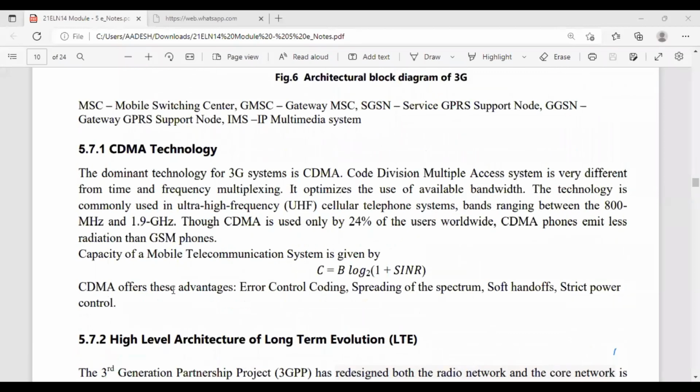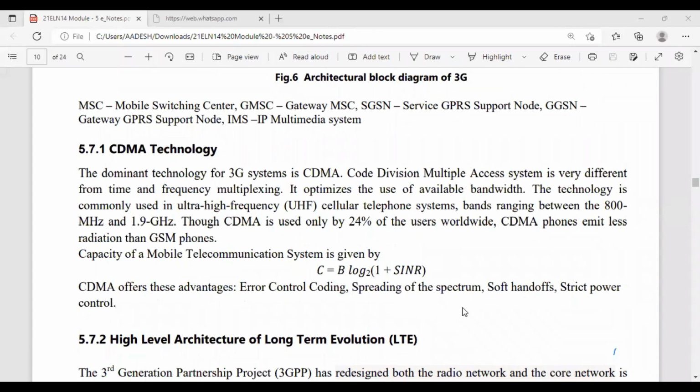So CDMA offers different advantages like error control coding, spreading of the spectrum, soft handoffs, and strict power control. Strict power control means a minimum power utilization is being done in 3G. Soft handoffs means without disconnecting a call, the mobile user can shift from one area to another during an ongoing call.